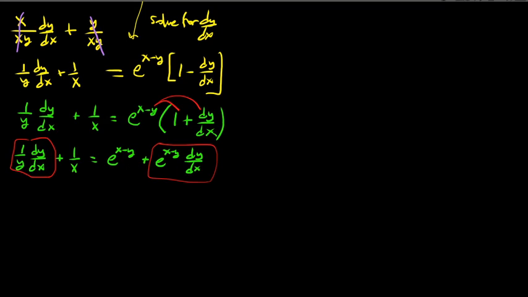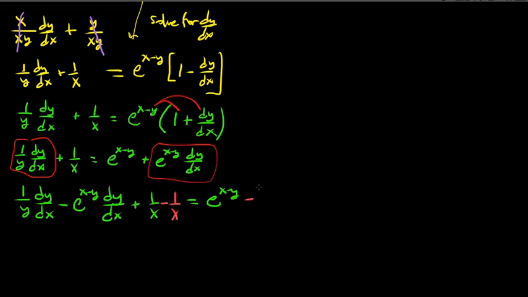So the left side is going to become 1 over y times the derivative of y, and then minus e to the x minus y times the derivative of y. We still have the 1 over x on the left, and then the e to the x minus y on the right. So I think it's pretty clear now. We just want to subtract the 1 over x from both sides.